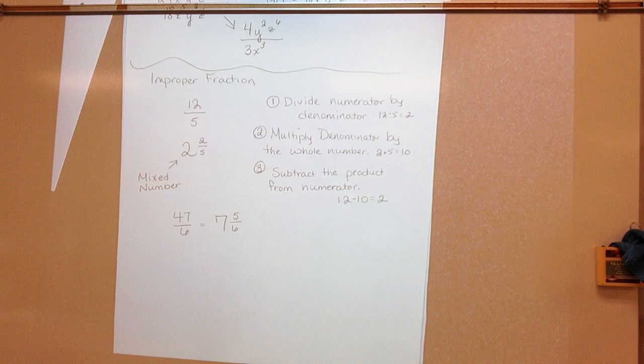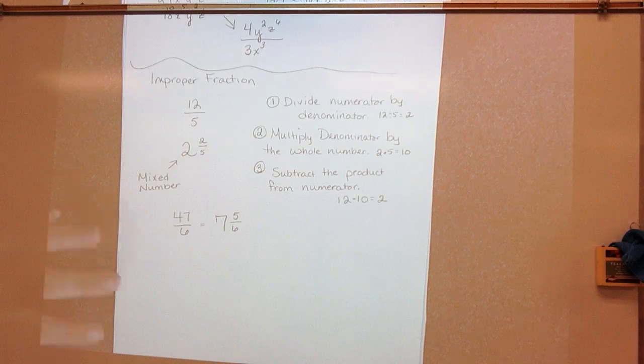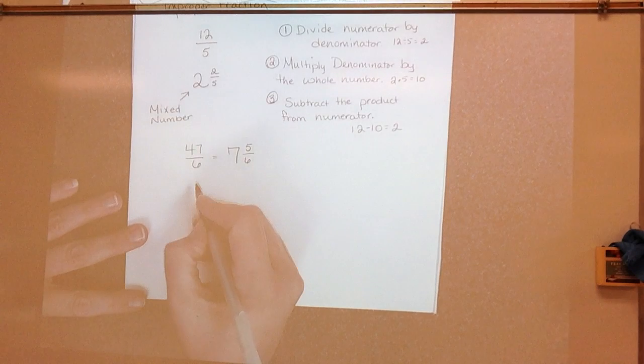Now on the flip side, I can take mixed numbers and rewrite them as improper fractions. You will sometimes see that too. Sometimes you will see, take this and rewrite it as an improper fraction. All right, so let's talk about how we would do that.